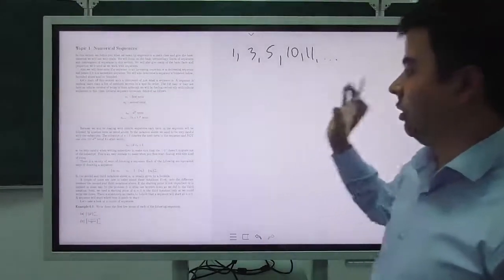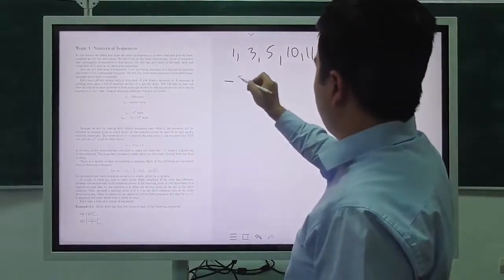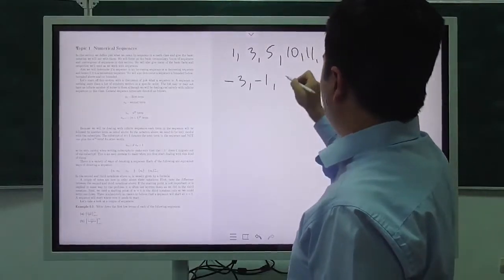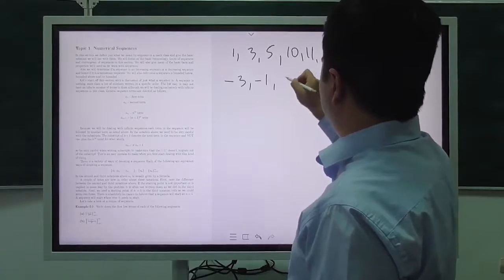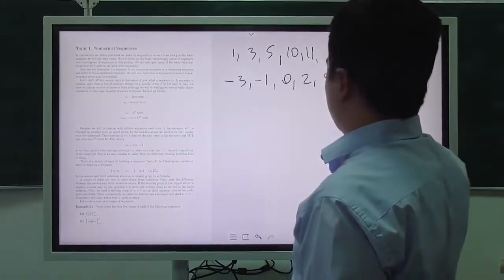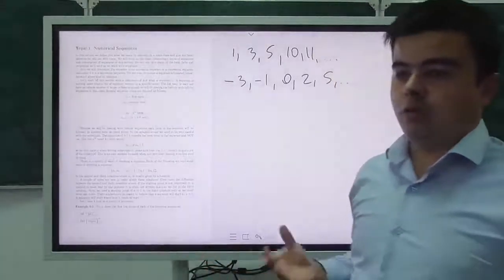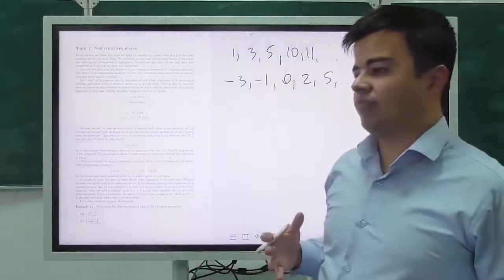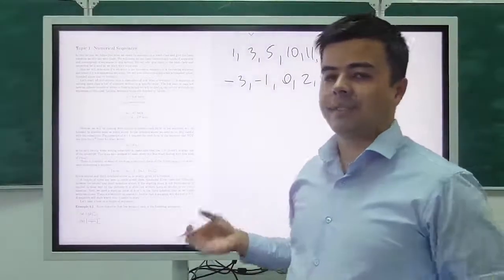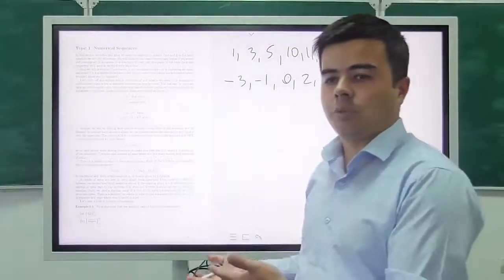So this is also a sequence. Or, for example, -3, -1, and the next one is, for example, 0, 2, 5, etc. This is also a sequence. You know from school some types of sequences, for example, arithmetic progression and geometric progression.